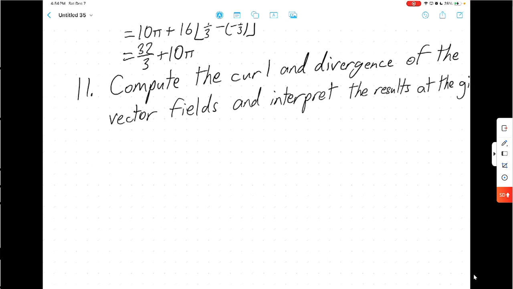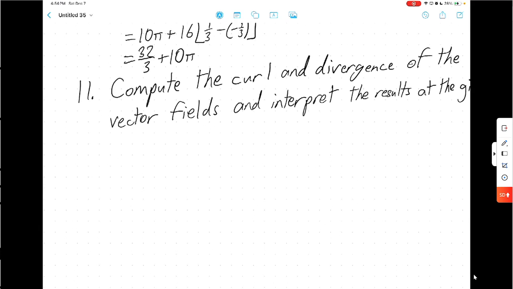All right. 11a: g is equal to x plus y, comma, y minus x at the point 4, 4.